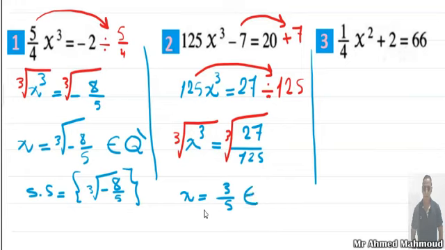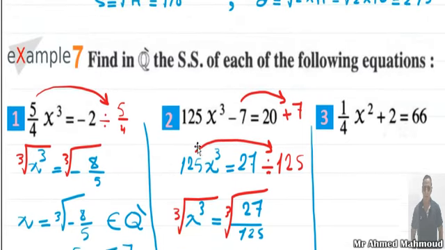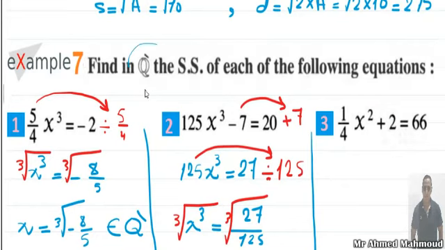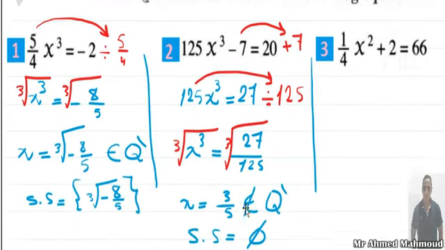This one doesn't belong to Q dash. This number is a rational number, then the solution set here equals phi, because the substitution set is Q dash, don't forget.